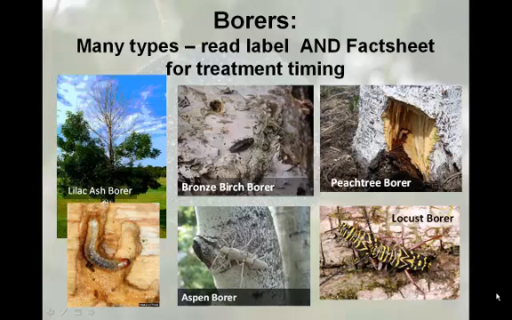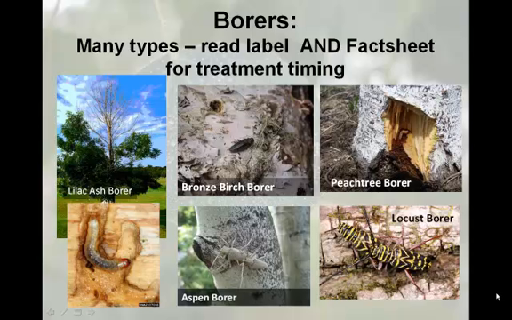So if you have someone who sees holes in the trunk of their tree and you are sure they've got a borer, make sure you're reading the label of the chemical that you're recommending to make sure that specific species is listed there. And then also look at the USU fact sheet on that borer. We've got fact sheets online for all of the different species, and they point out when to apply that insecticide to actually target it.